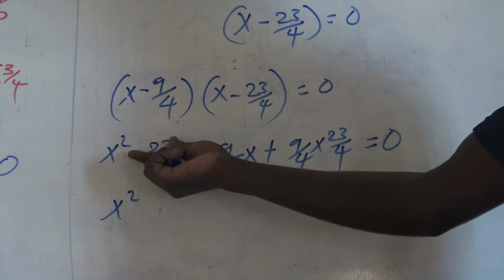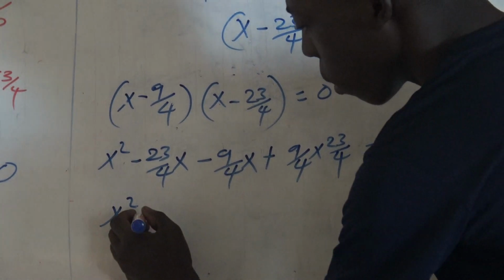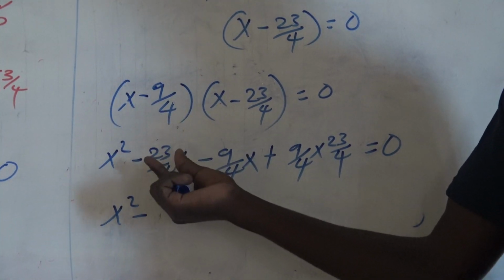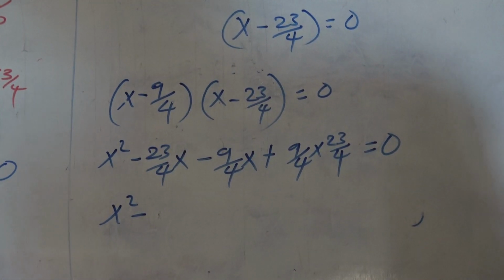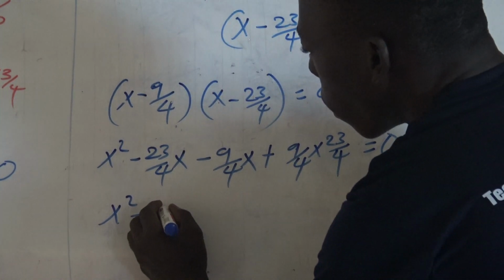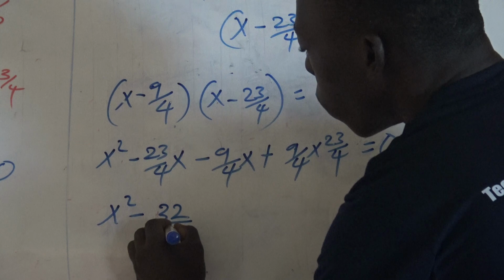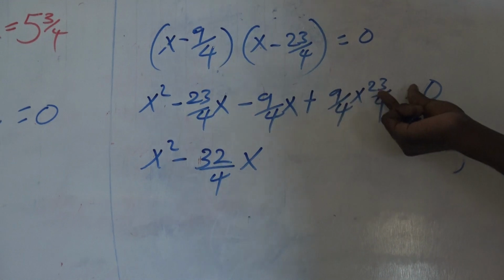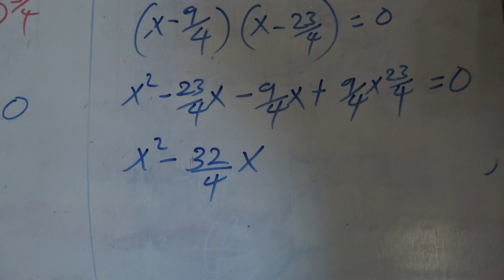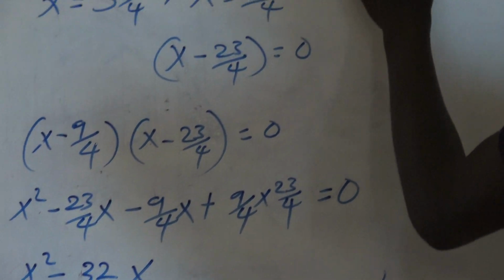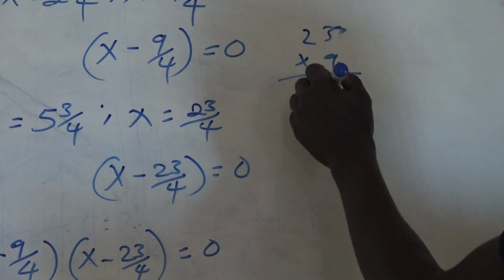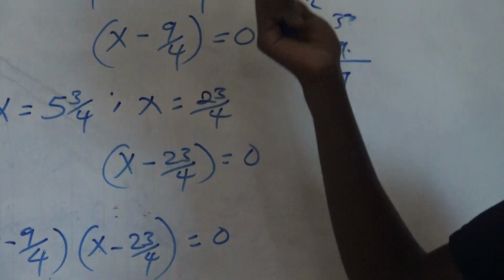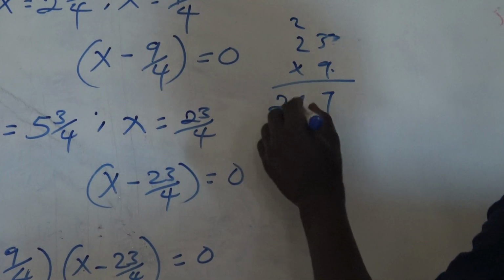Then these two terms are negative, so firstly factor out the negative, and you remain with a positive when you add this plus this, which gives us 32 out of 4 x. Now on this side, 9 times 23: 9 times 3 is 27, take the 2 to the other side, 9 times 2 is 18, plus 2 gives 20, so that gives 207.